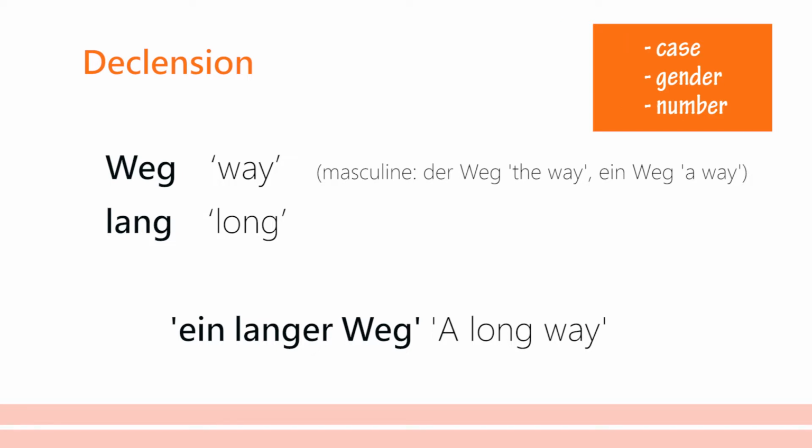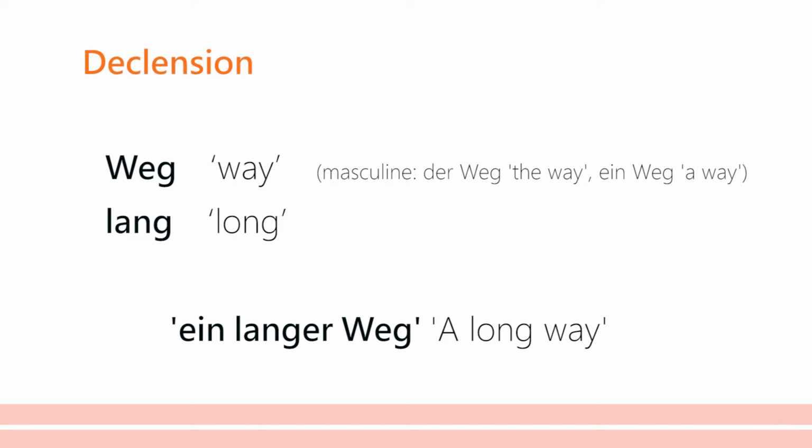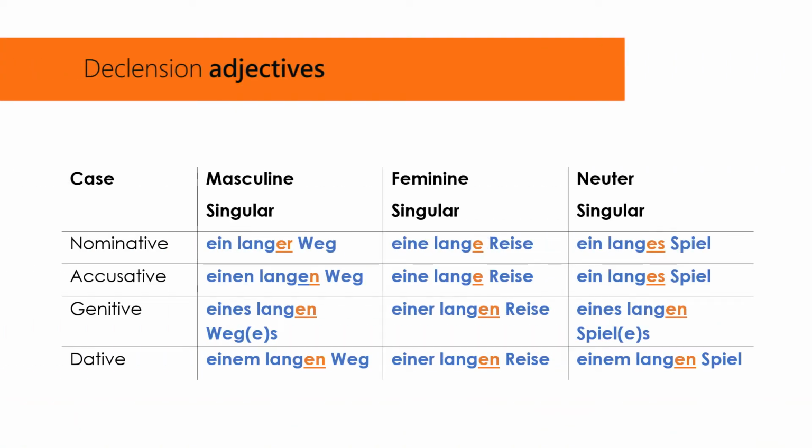And here the word lang means long. So here we're talking about a long way. So when I say a long way, ein langer Weg. You see, the W is pronounced like V in English. Ein langer Weg, and then einen, you see in accusative, einen langen Weg. The article changes form and the adjective does as well.